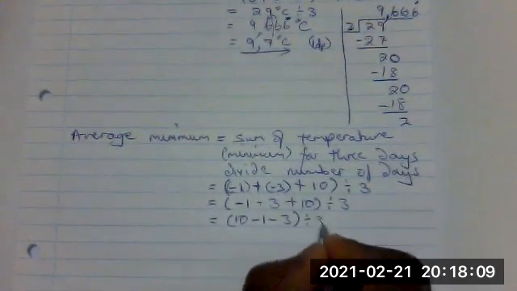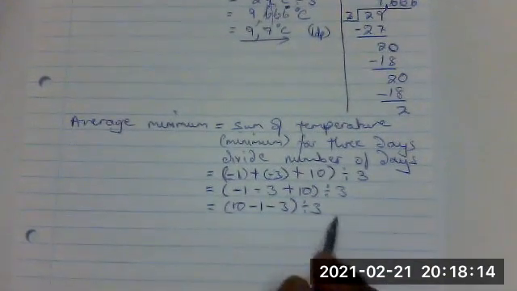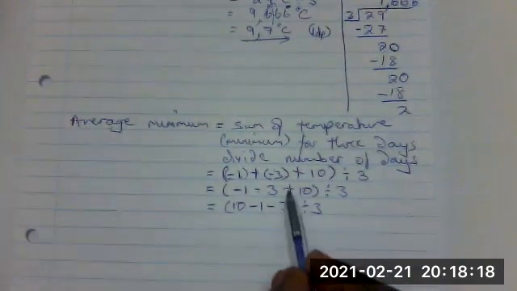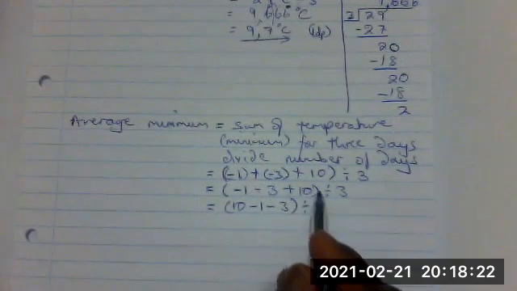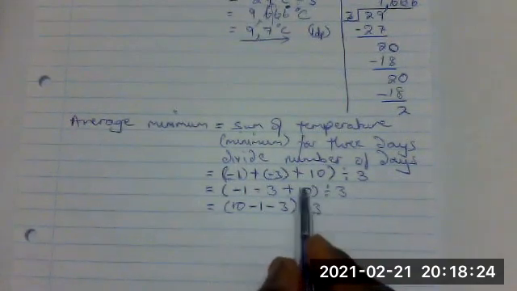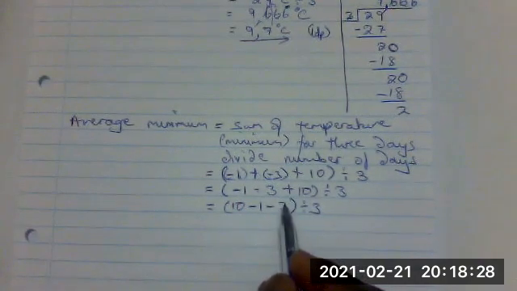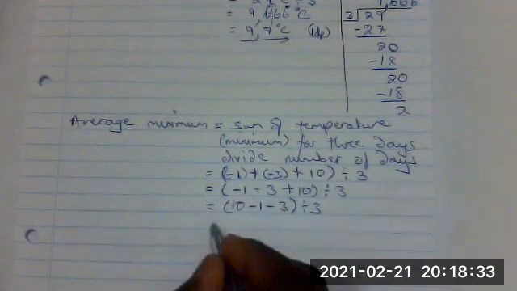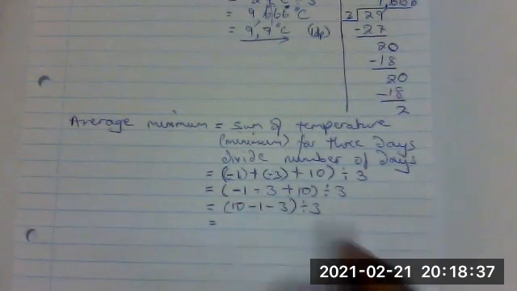I can rearrange it in that way because we can move numbers, right? But remember, the operation of each number is in front. So when you change the position of a number, you must make sure that you move the operation in front of it, right? So this is equal to 10 minus 1, it's 9.